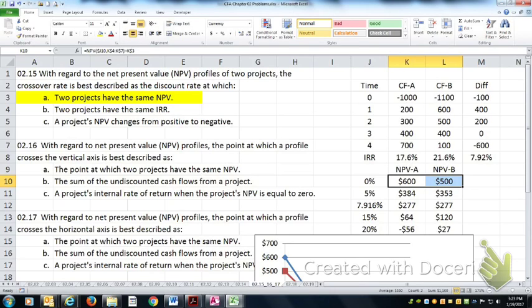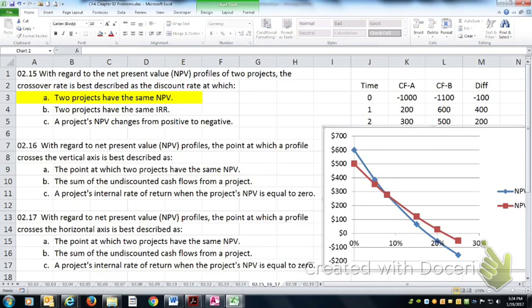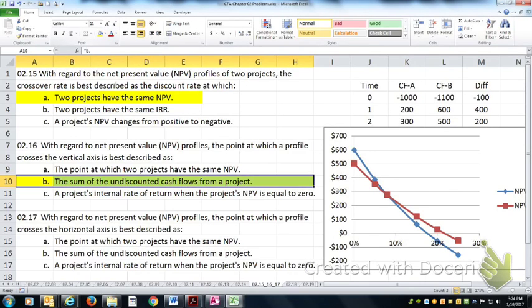Negative 1,100 plus 600 plus 500 plus 400 plus 100. The sum of these is 1,700 minus 1,100. That gives you the sum of the undiscounted cash flows from the project is 600. Okay, so that's where it crosses the vertical.